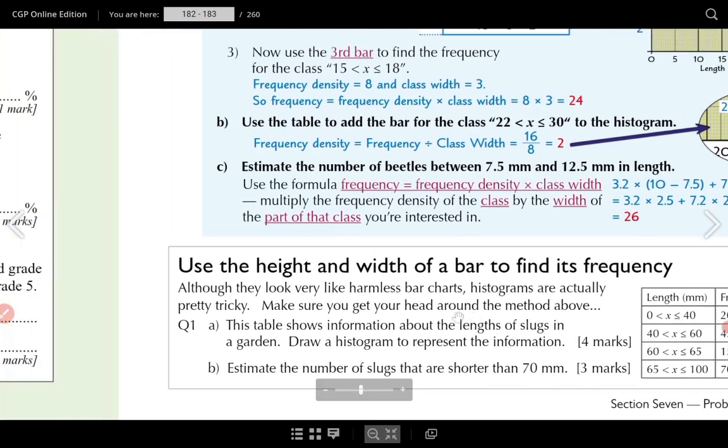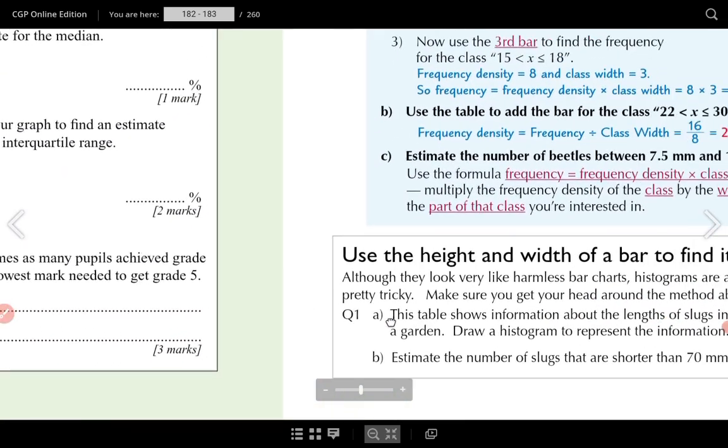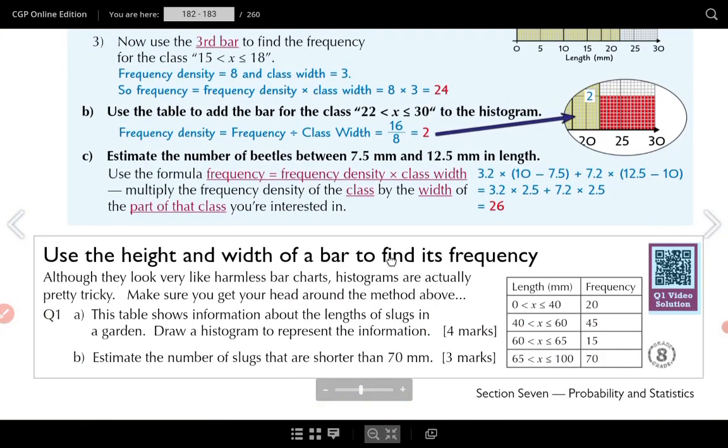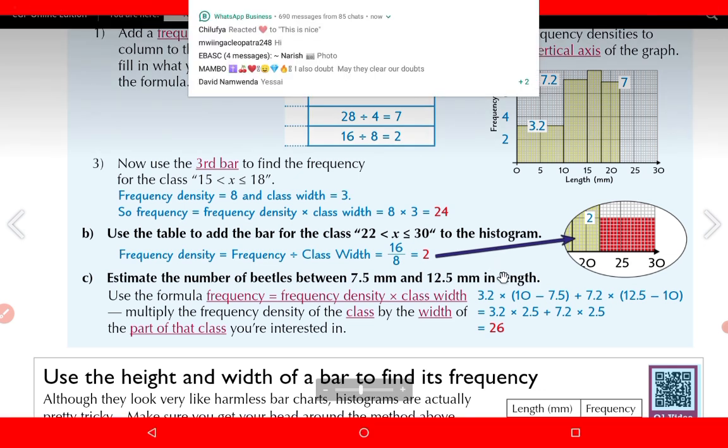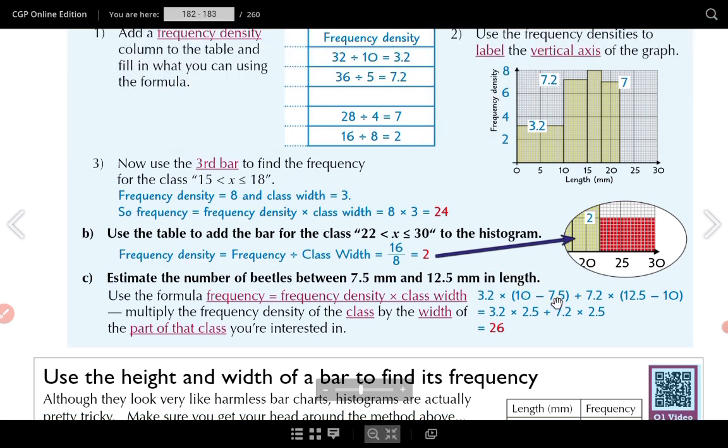All right, so let's go to the next thing. Estimate the number of beetles between 7.5 and 12.5 millimeters in length. Using the formula, you multiply the frequency density of the class by the width of the part of the class that you're interested in.